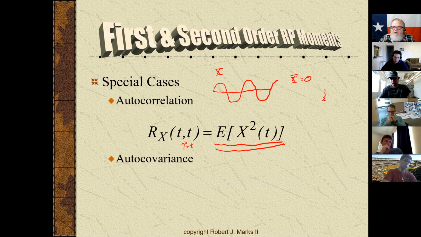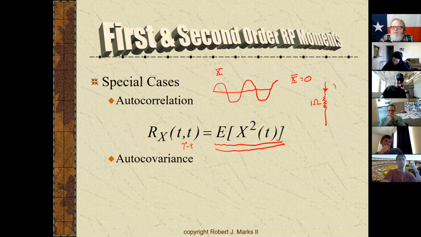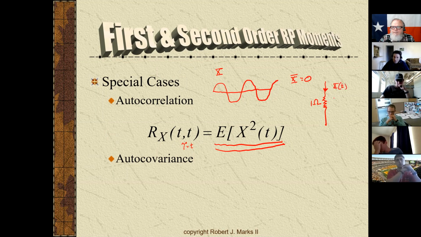Let's take a 1 ohm resistor. And I'm going to use this for current. This is an electrical engineering course, so I better draw a resistor somewhere, right? Let's suppose that the current being fed to the resistor is a stochastic process x of t, right?